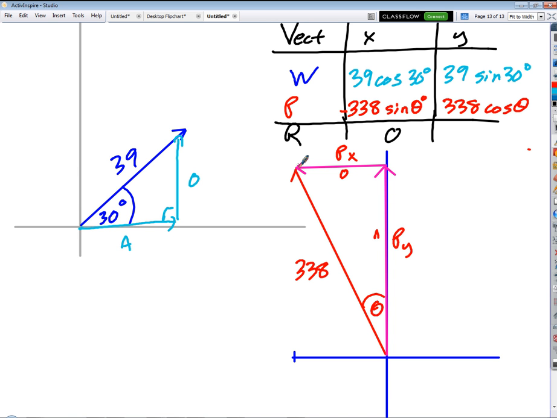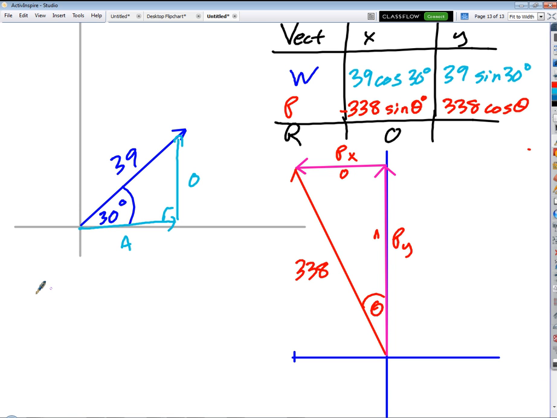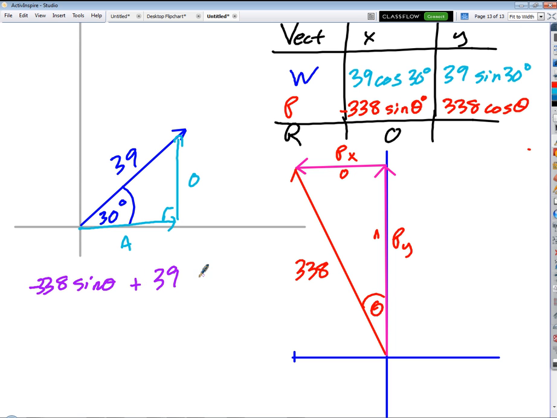We have an equation to solve: negative 338 sine theta plus 39 cosine 30 equals 0.